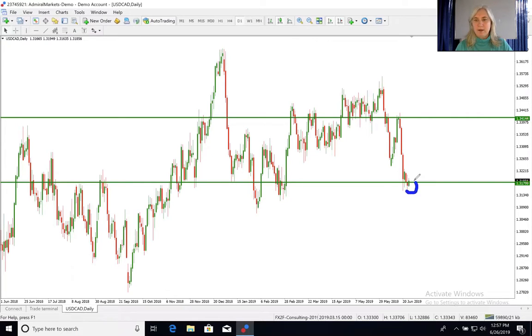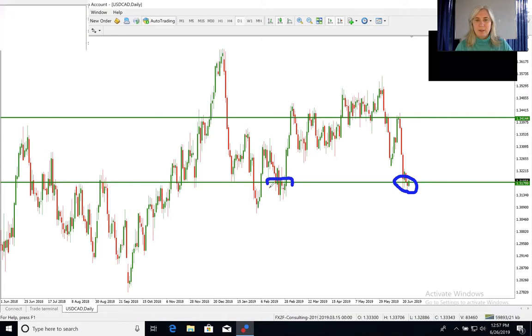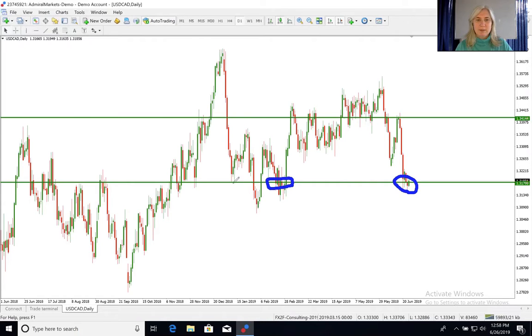So this is our current price action, and we can see that we had some areas of resistance there, here, and again here, this area as well, and this area.